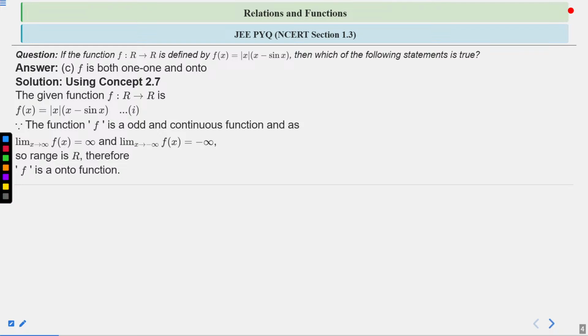See, f(x) is basically absolute value of x into (x minus sin x), right? First we need to calculate the range of this. So see, what is f of infinity? That means the limit as x tends to infinity. When you put infinity in place of x, you will get infinity.